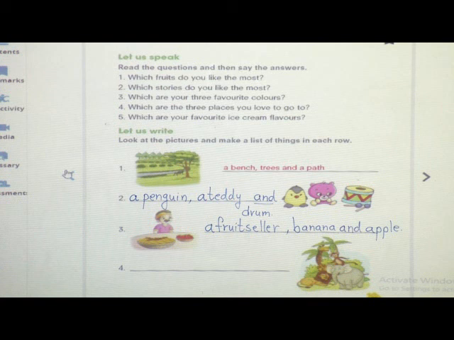The next one, fourth one, you can see elephant, giraffe, lion and monkeys, right children?